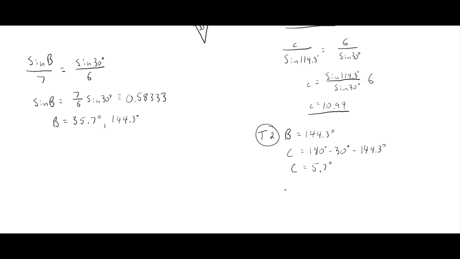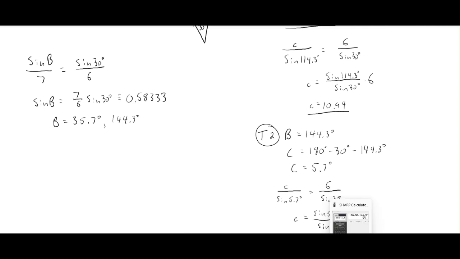So side length C divided by sine 5.7 degrees has to equal, we can use our A data again, side length of A divided by sine of the angle A. So C equals sine 5.7 degrees divided by sine 30 degrees times 6.